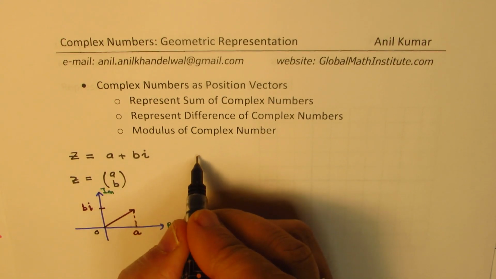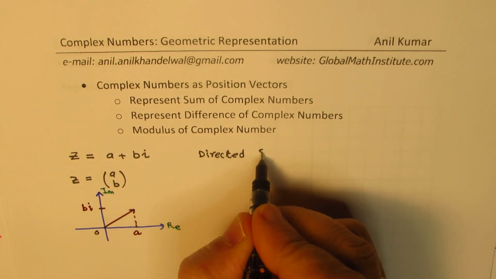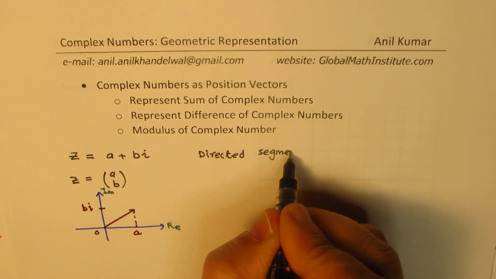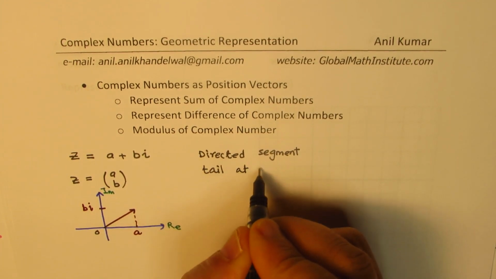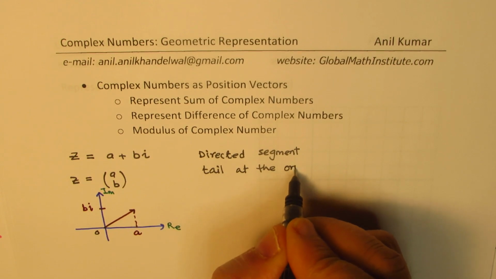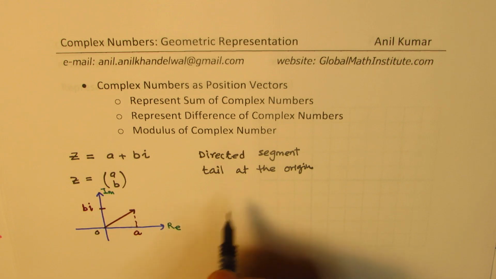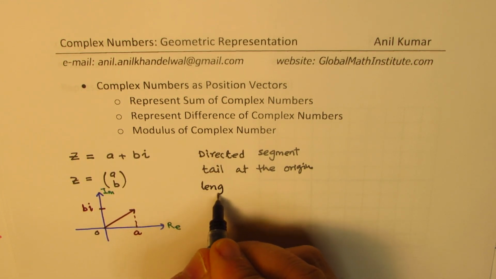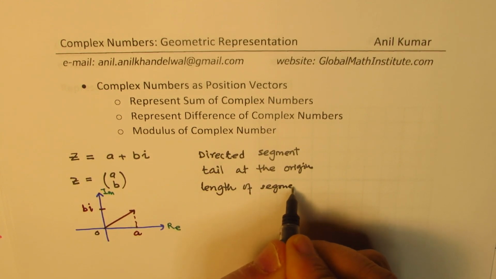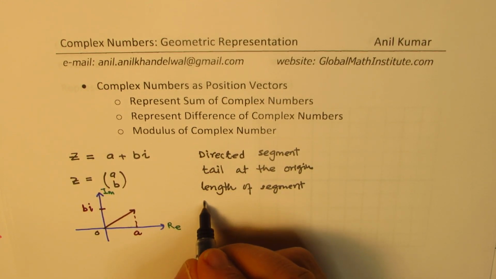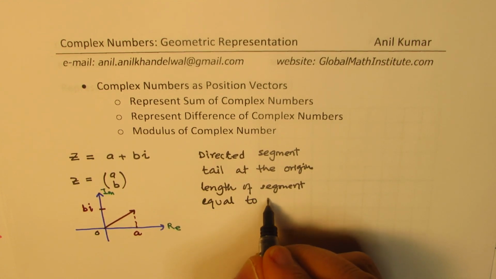So what we are saying here is a directed vector. You can say directed segment with tail at the origin, right, a tail at the origin, and length of segment equal to the magnitude of the vector.